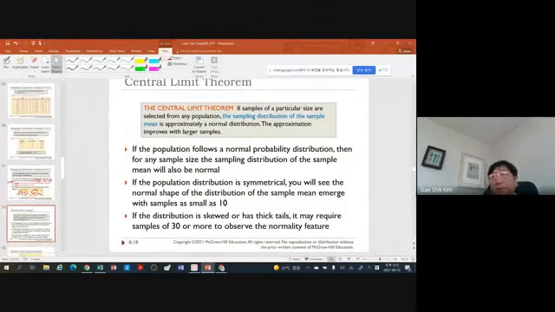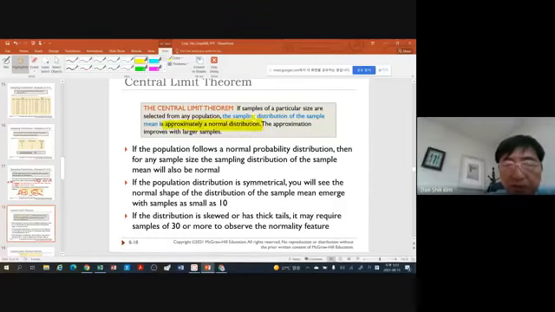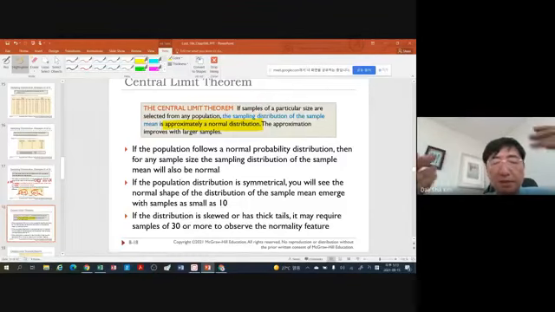The central limit theorem says if samples of a particular size are selected from a random population, the sampling distribution of the sample mean will follow, and the important word is approximately, normal. The sample mean x bar will follow a normal distribution, even though the original x is not following a normal distribution.